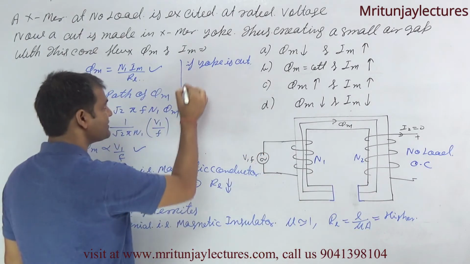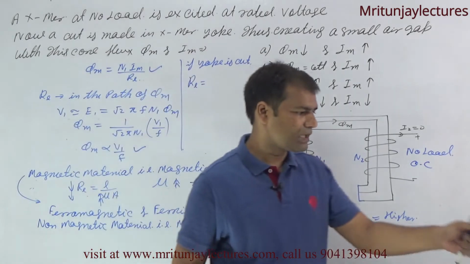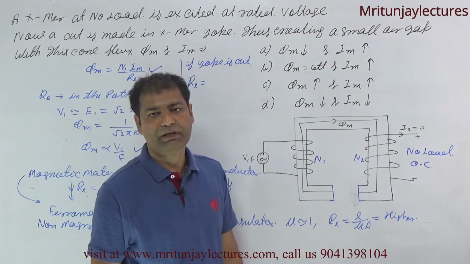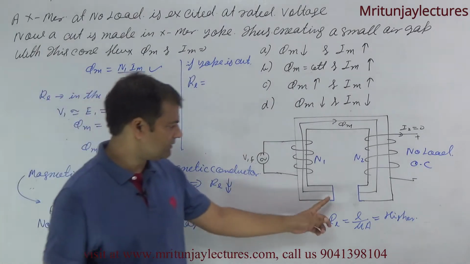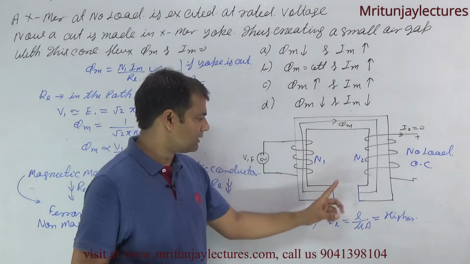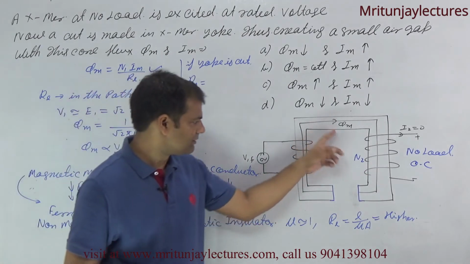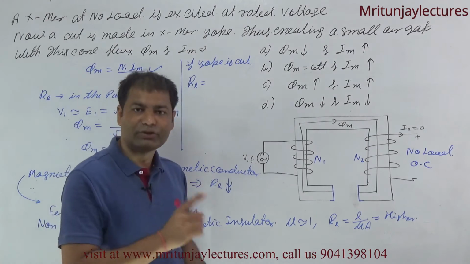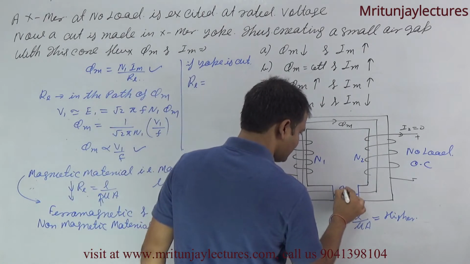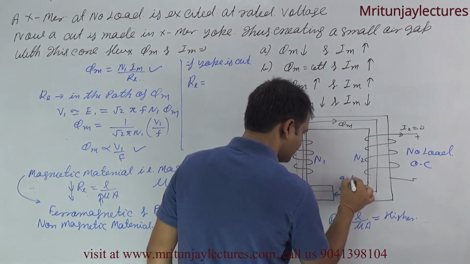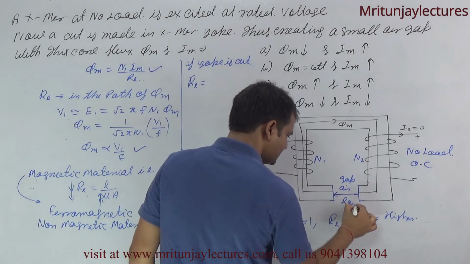What about the reluctance of the core, or the reluctance of the path after cutting the yoke? That is the air gap. Clear? Air gap length, like this.